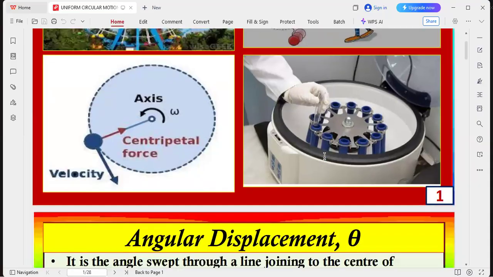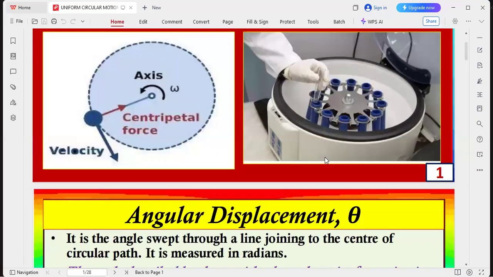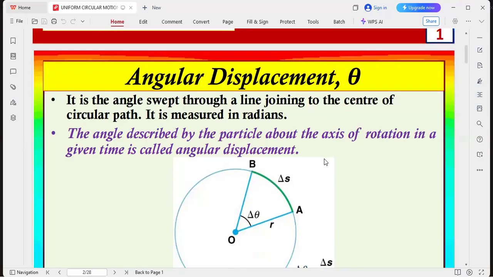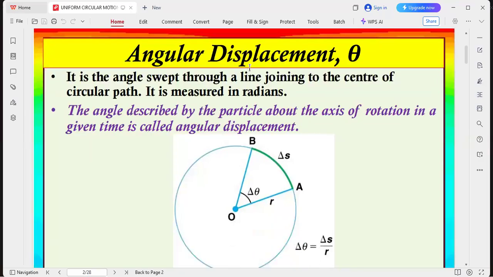So the first term that we talk about is called angular displacement. What does it mean? Just from the word angle, then the word displacement, it means we are creating an angle somewhere. For example, when this body moves from point A on this circle to point B, it's forming a track.